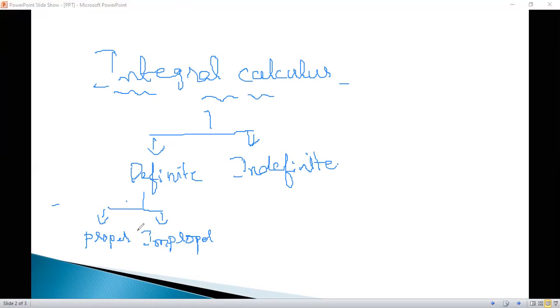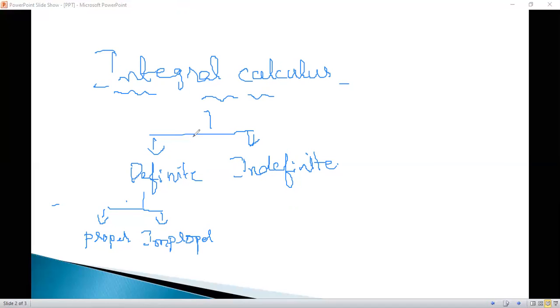In case one of the limits is infinite or the value of the integral does not exist, then we say that it is an improper integral. In this definite integral, we have discussed so many properties, and even a few problems based on that, on how, by using the properties, we can find the value of the integral.